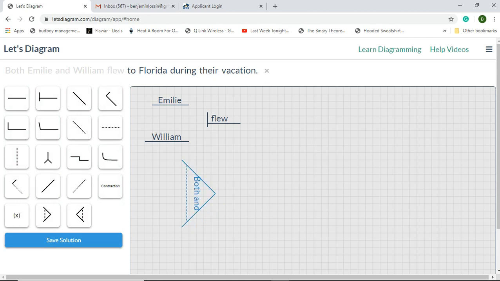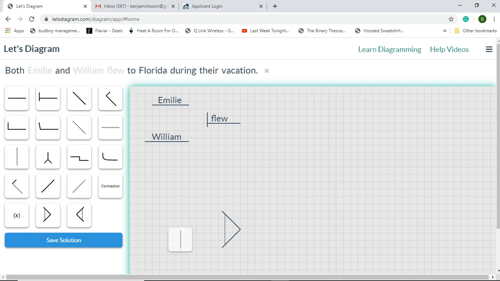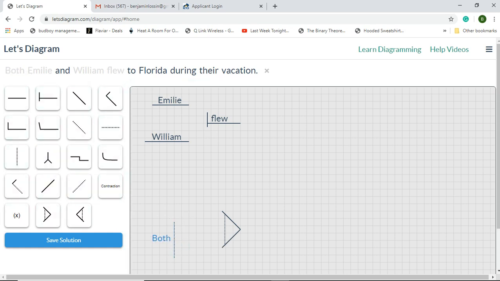Maybe I could do it like this. Sorry, I know this takes longer. Yeah, that'll look better.